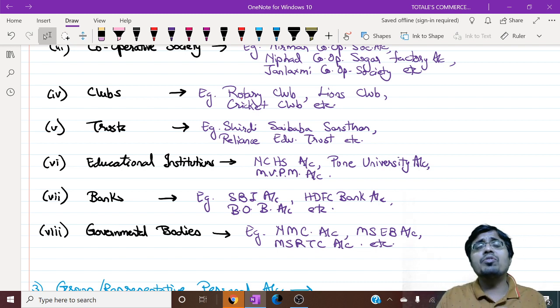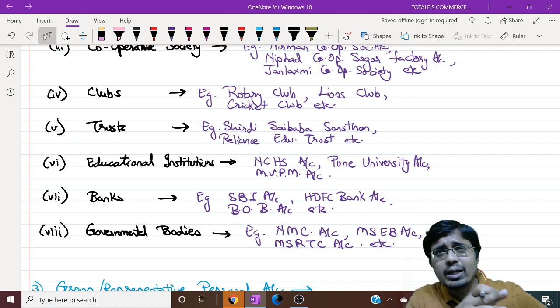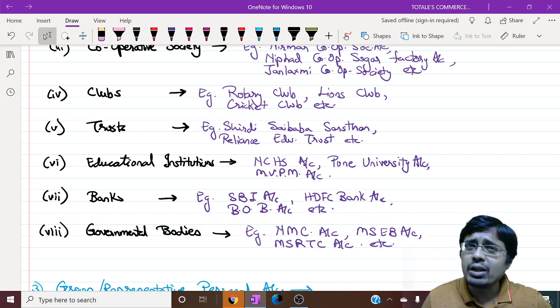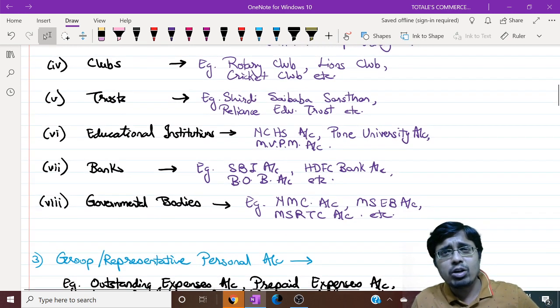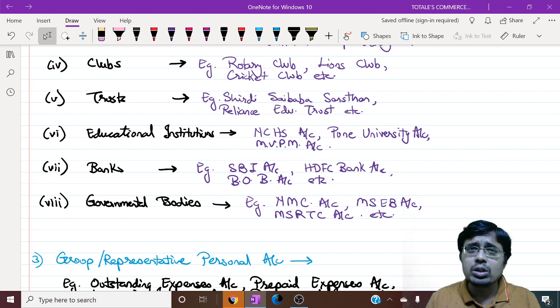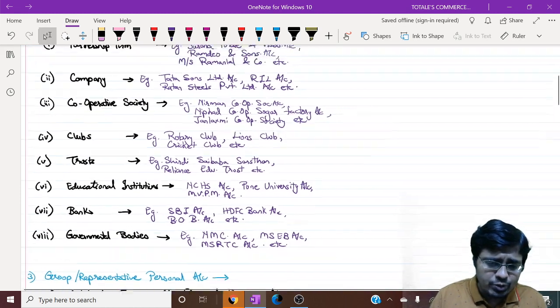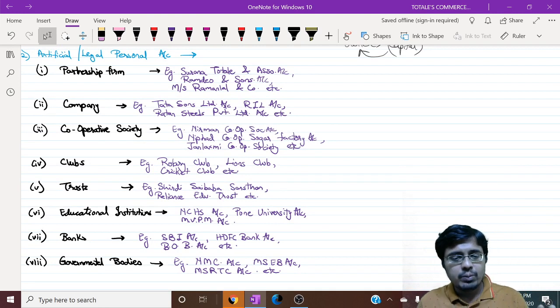All the types of nationalized and commercial banks would come under this head: SBI, HDFC, Bank of Baroda, etc. And governmental bodies, government carries out its work through these bodies. So Nasik Municipal Corporation account, Maharashtra State Electricity Board account, Maharashtra State Road and Tourism Corporation account. So all these are the different types of artificial or legal personal accounts.